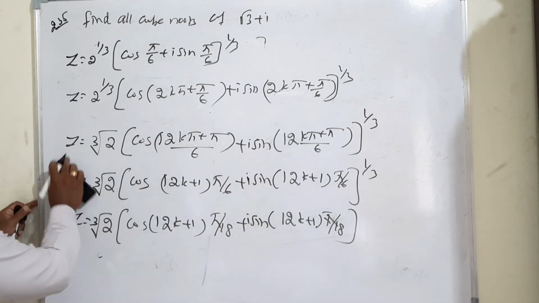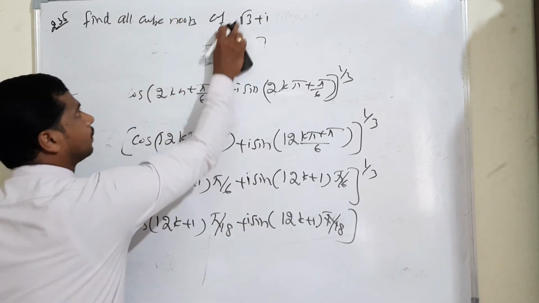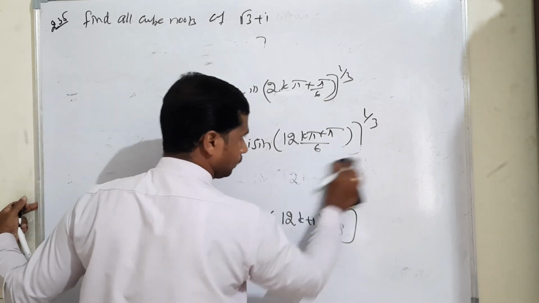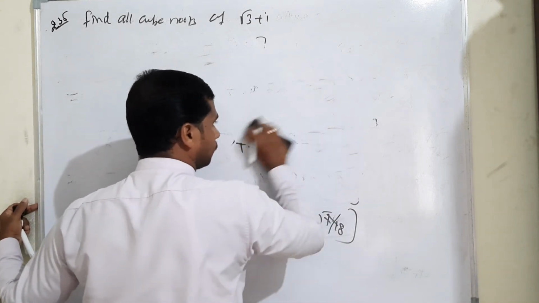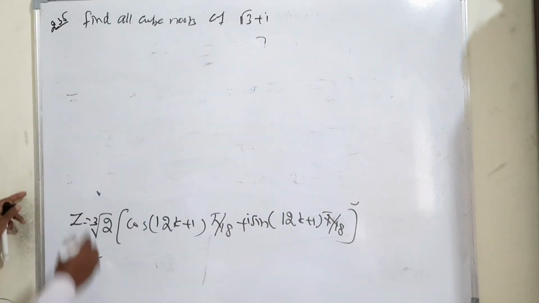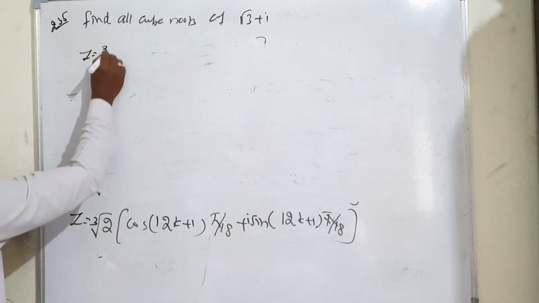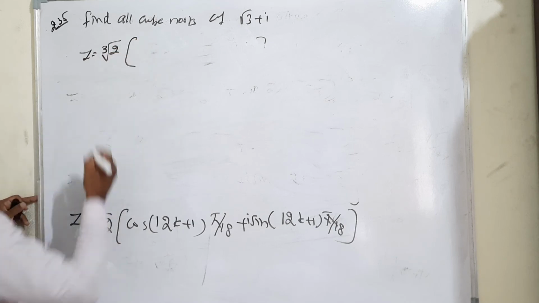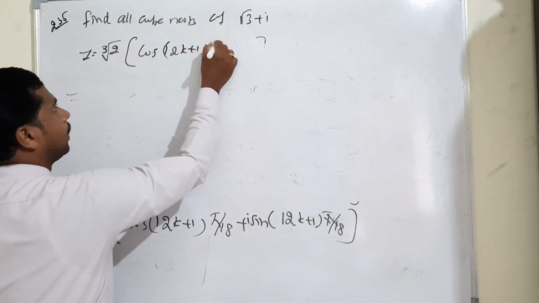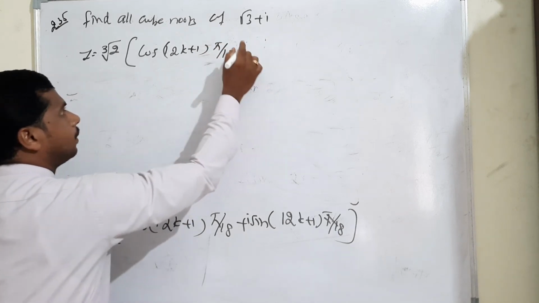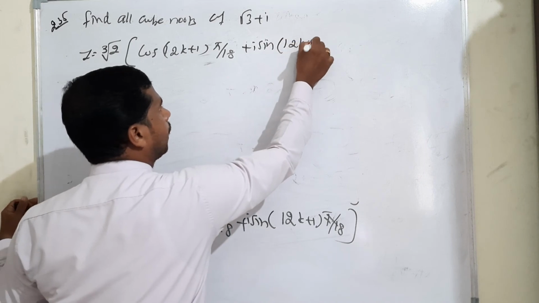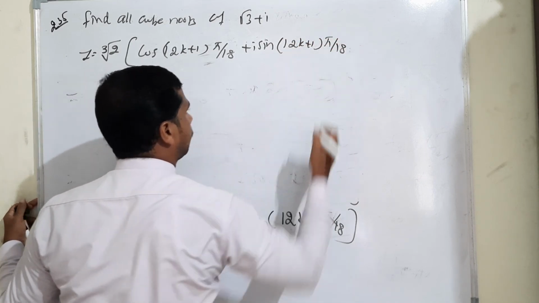The remaining I will rub off. This is what we need: z is equal to cube root of 2, cos of 12k plus 1 into pi by 18, plus i sin of 12k plus 1 outside pi by 18.